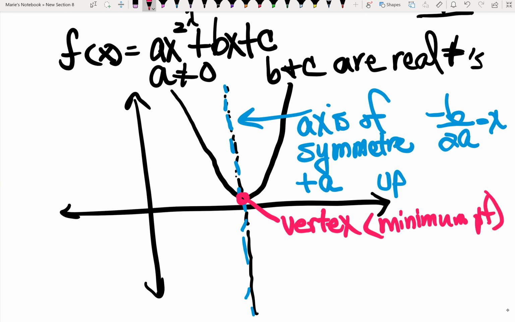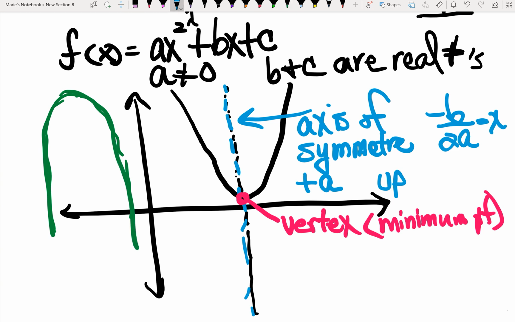All right. On the opposite continuum, I'm just going to use the same coordinate system. Let's estimate that this is the drawing. Once again, the axis of symmetry is here, cutting this parabola exactly in half.